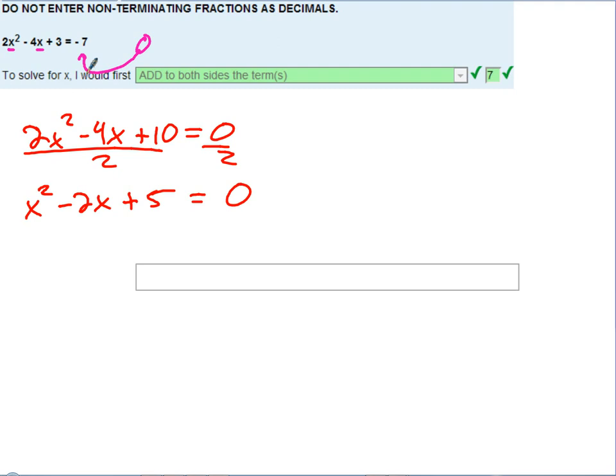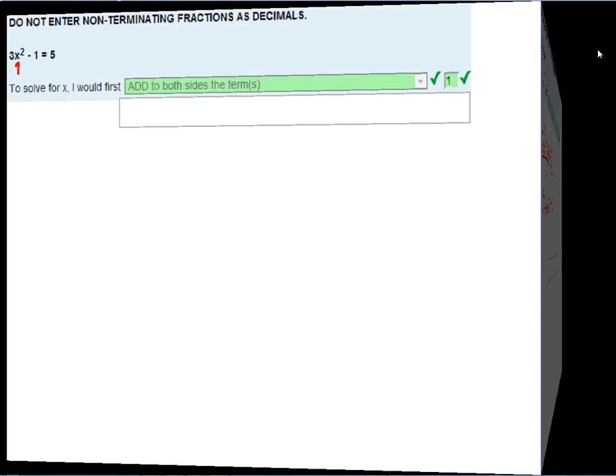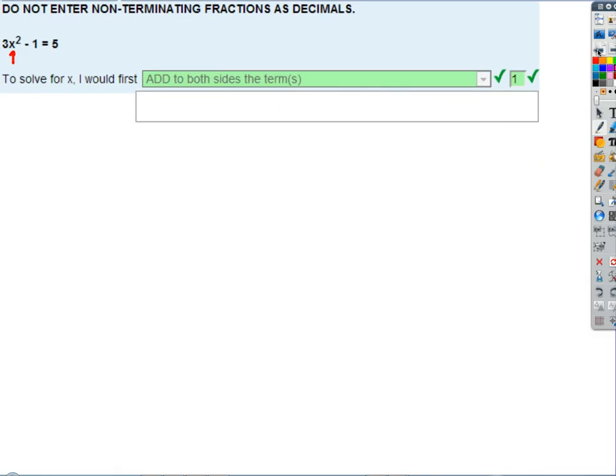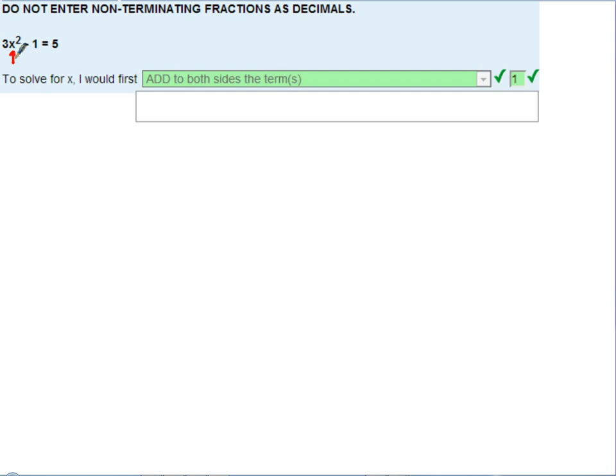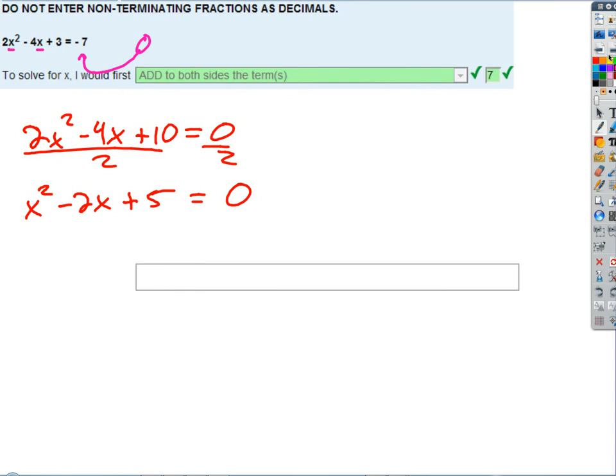See the difference? In the last 2 examples, I could isolate x, so I was just trying to get x by itself, pushing stuff to the right, away from the x. Make sense? But in this case, I can't isolate, so I've got to get it into standard form. Okay?